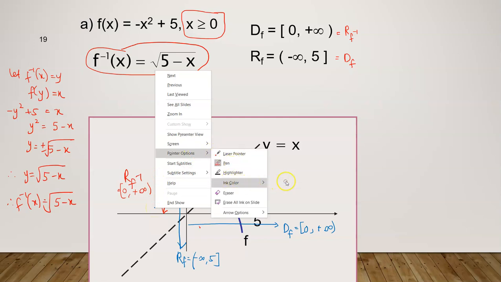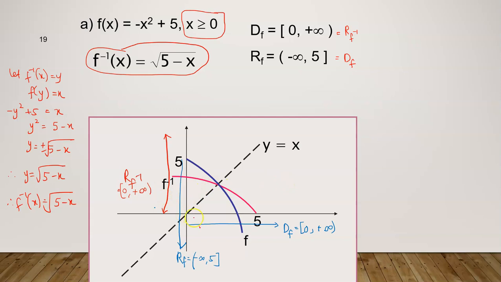In red color, the range of f is the domain of the inverse, so the domain of f inverse is negative infinity up to 5. Okay, that's how we look at the graph.